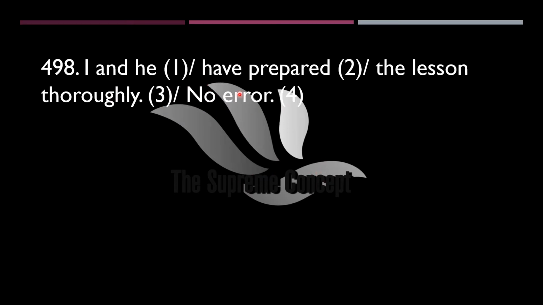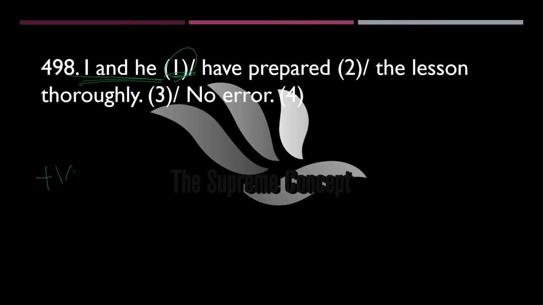Find out your answer here. I and he have prepared the lesson thoroughly. Just mark your answer. Alright, see here, the error lies in part number 1. First, find out whether the sentence is negative or positive. It's no doubt a positive sentence.